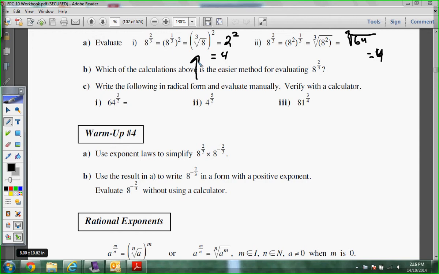Okay, write the following in radical form and evaluate mentally. So no using a calculator. So 64 to the 3/2. So I want square root of 64 cubed.